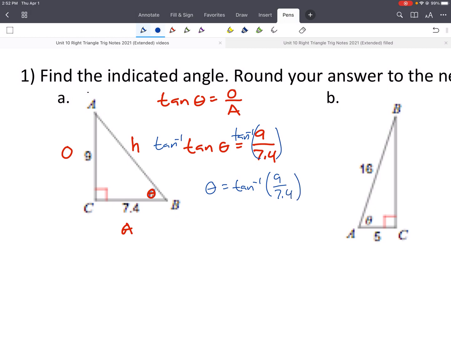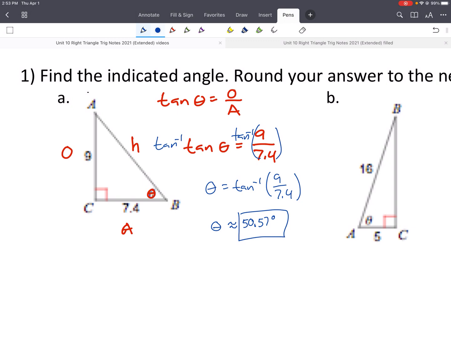We type all that into our calculator, and we get theta is approximately equal to 50.57 degrees. If we're rounding, then theta isn't equal to, it's approximately equal to. That's a good practice.